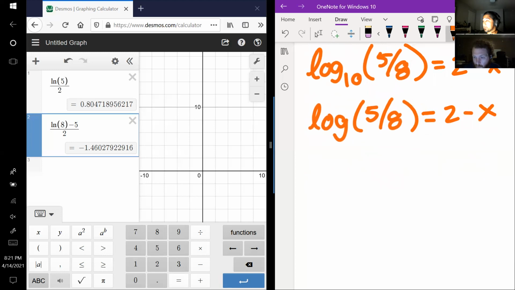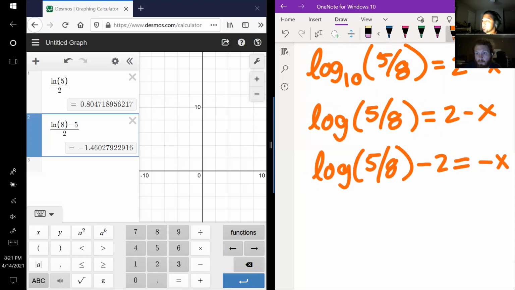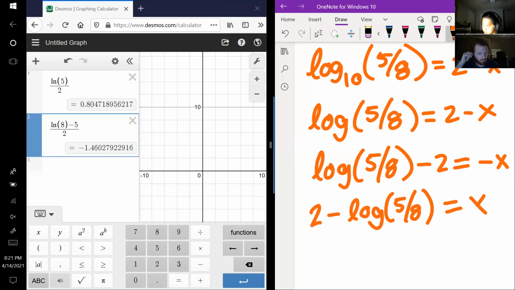Now solve for x. Subtract the 2, you get log of 5/8 minus 2 equals negative x. Then divide or multiply everything by -1, and you'll get 2 minus log of 5/8 equal to x.